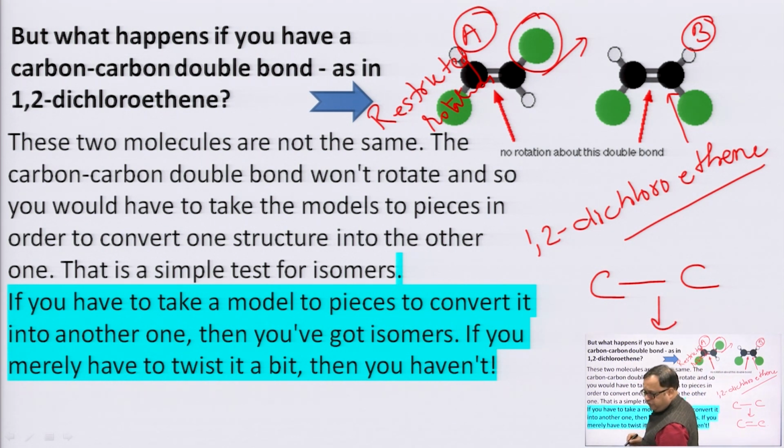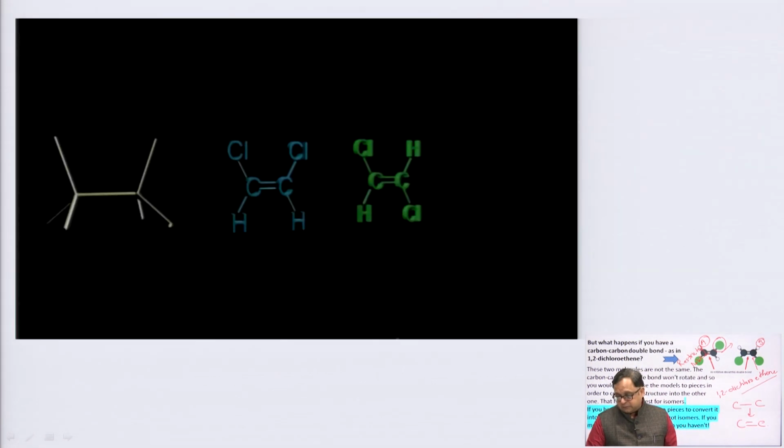So, my dear students, I hope it is clear what unrestricted rotation and restricted rotation mean. If you convert one structure into another just by twisting, it is following unrestricted rotation, and if one needs to break the structure into pieces to convert one form into another, then it is known as restricted rotation.